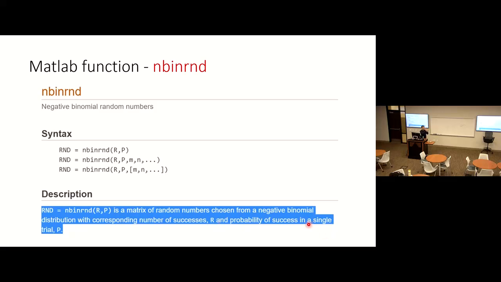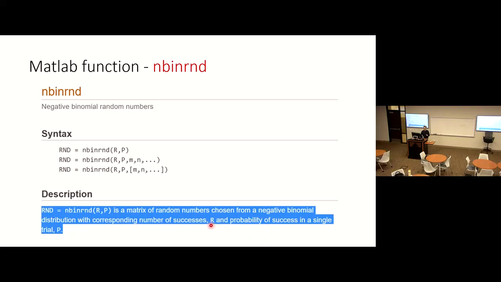Let's say I shoot a basketball at the basket, and my success probability is 0.3. If I shoot 10 times, I may have 3 times in the basket. So this is the probability you can get on average in a single try.